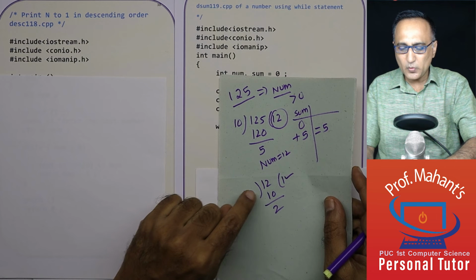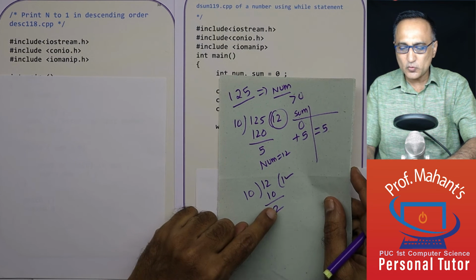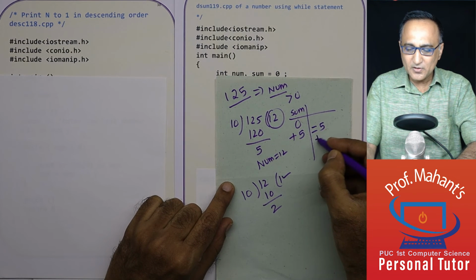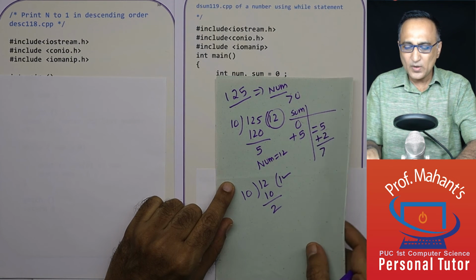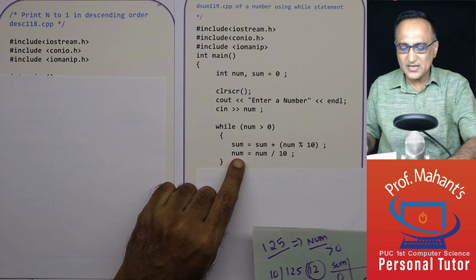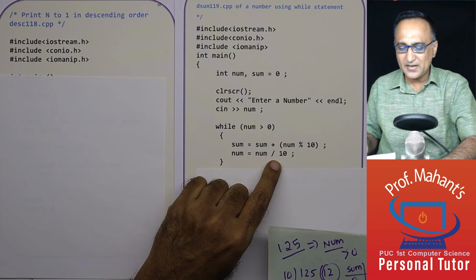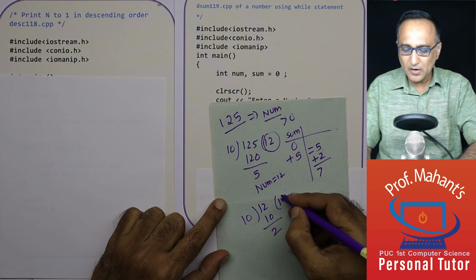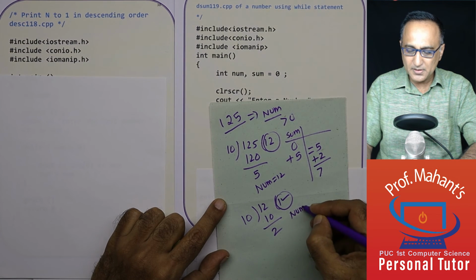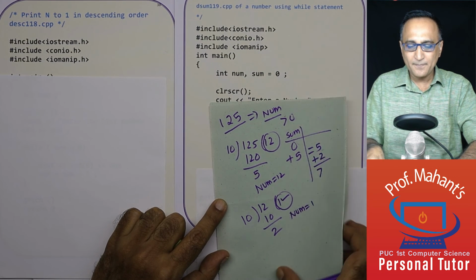When I divide 12 by 10, I am getting the remainder as 2. So I am going to add this 2 to sum. This now becomes 7. Once it becomes 7, next step I am saying number is number divided by 10. This gives me the quotient. So the new value of number now happens to be 1. Number is assigned the value 1.